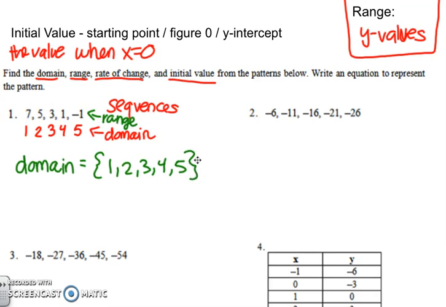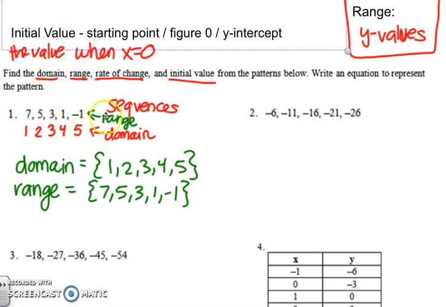And then squiggly bracket. Same thing for range. You're going to list your numbers 7, 5, 3, 1, -1 in brackets. Okay? So labeling domain and range is not enough. You are going to have to rewrite them.